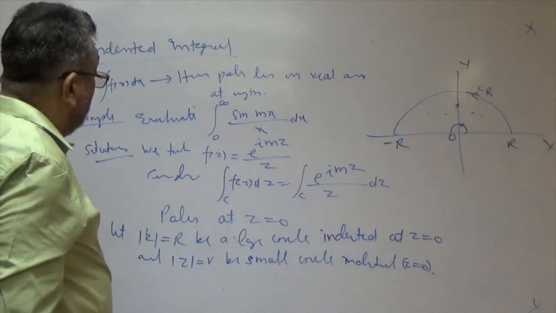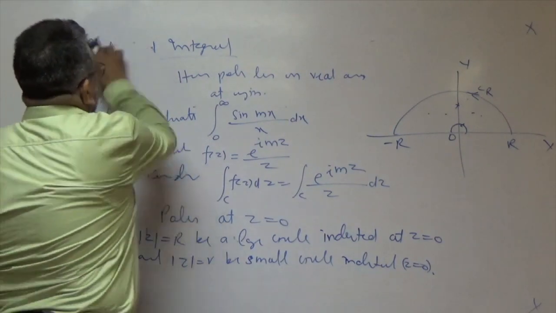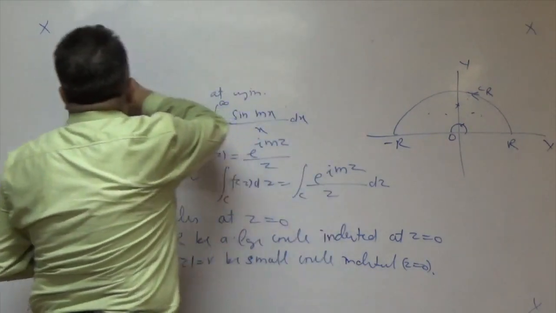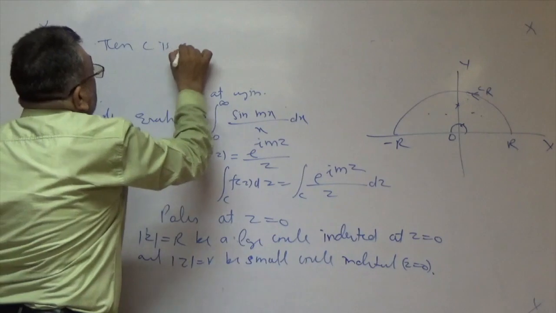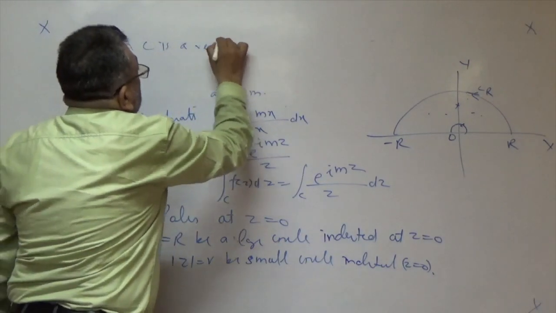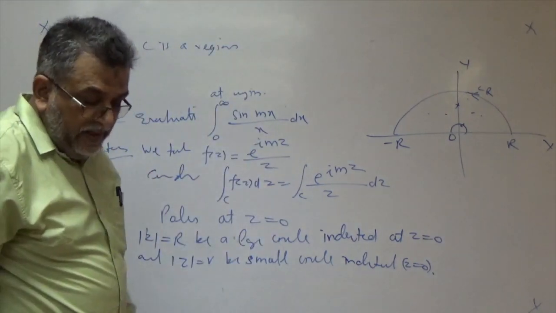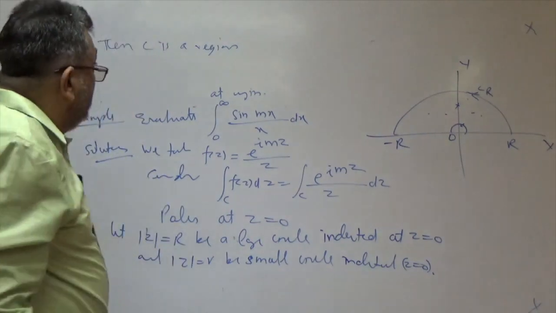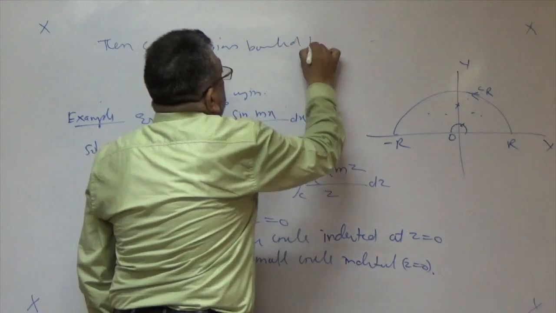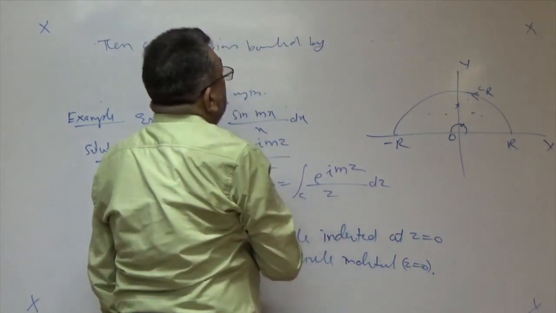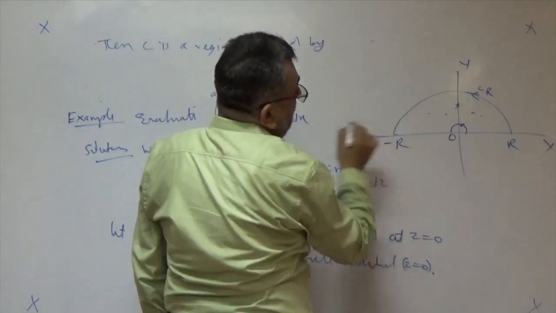Then here we see that C is a region, right? C is the region bounded by C_R upper half, and the real axis.